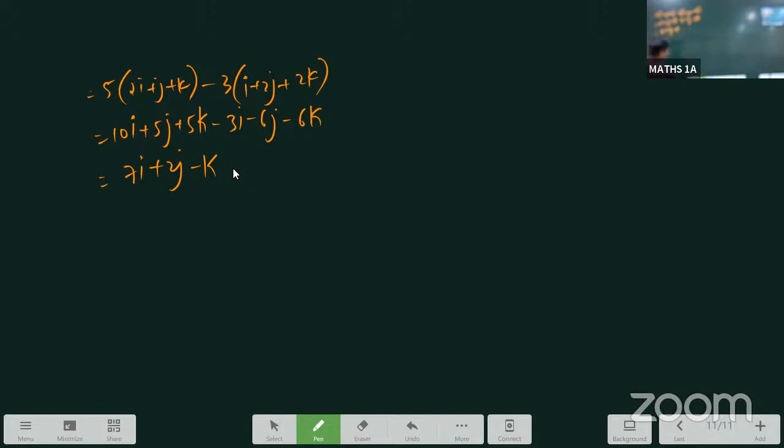Here it is: 10 minus 3, 7i. 5 minus 6, minus j, and 5k minus k. Is it clear?